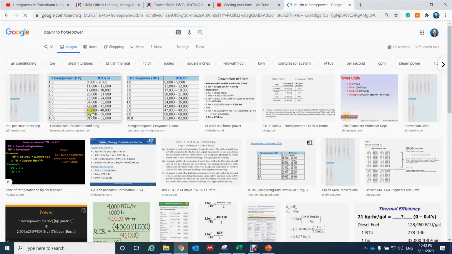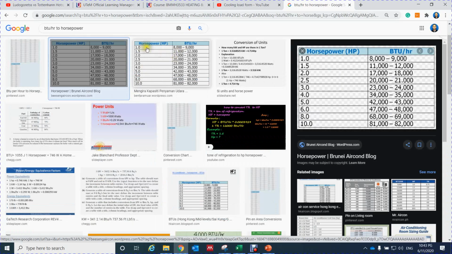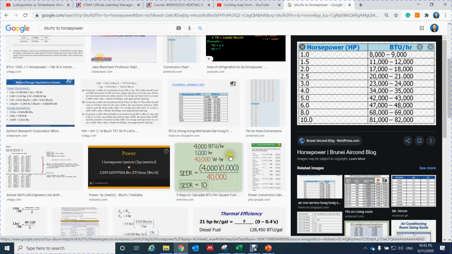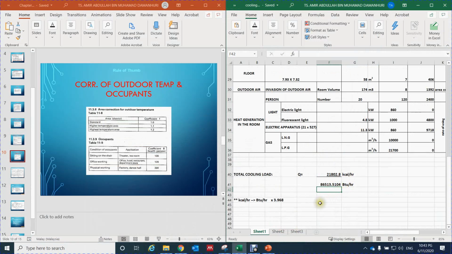We want to know the horsepower. 1 horsepower is equal to 8,000 to 9,000 BTU, so it is almost about 10,000. Usually we take about 10,000 BTU per hour for 1 horsepower. So we just convert it: this divided by 10,000, then we know it is 8.6 horsepower.